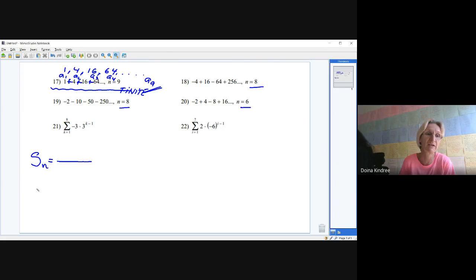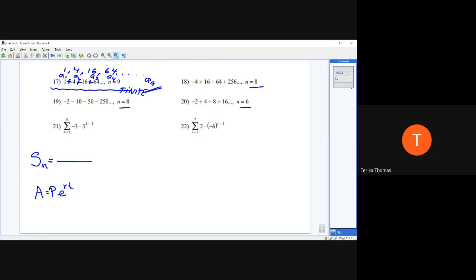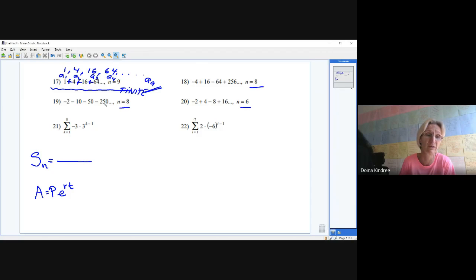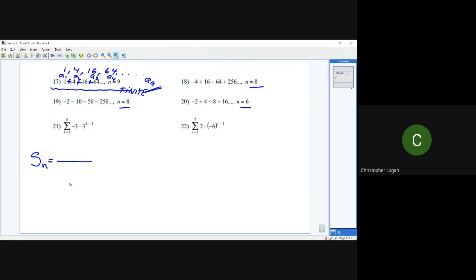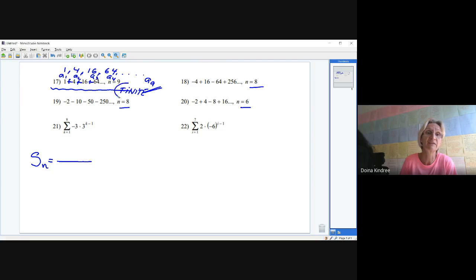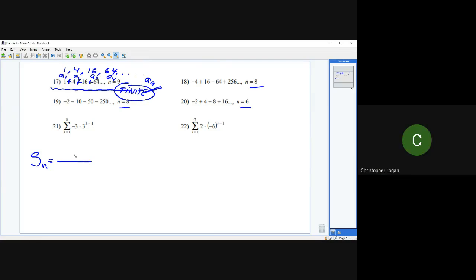Am I using this one? Let me jog your mind. Am I using this? Does this have anything to do with what we're doing now? No. Okay, then tell me the formula for our lesson today. Are you looking for the finite formula or the infinite formula? We are in the finite scenario. S sub n equals a.